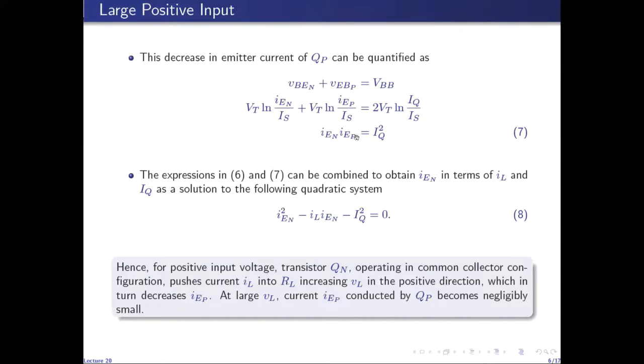So the conduction through QP is reduced. At large values of VL, which corresponds to large values of IL and in turn large values of IEN, the current IEP conducted by QP becomes negligibly small.